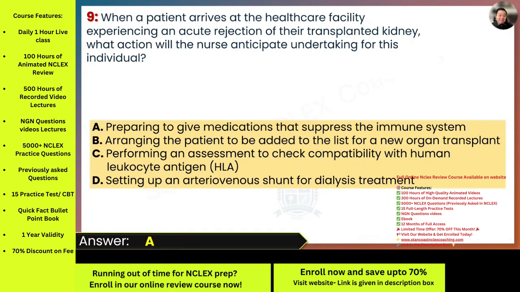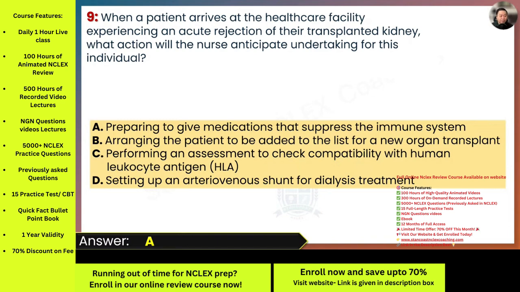There's no immediate need to consider replacing the transplanted organ unless the rejection is severe and unresponsive to immunosuppressive therapy. And you have to really consider managing the rejection by anticipating the treatment, which is immunosuppressive therapy.